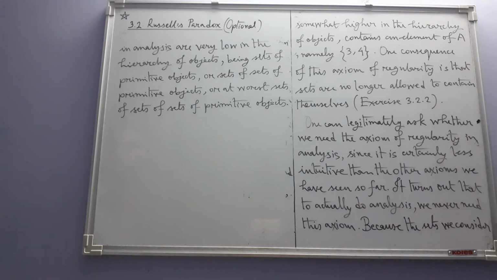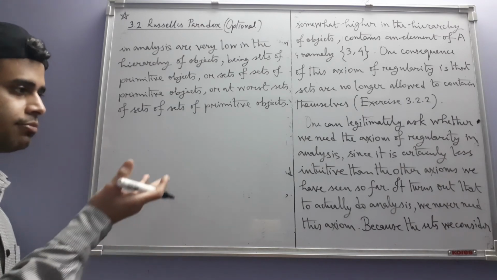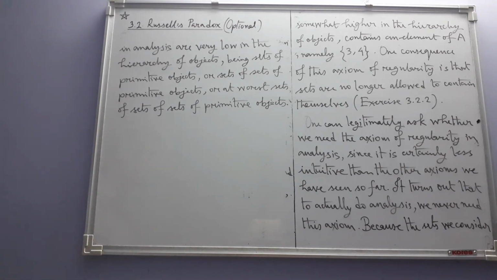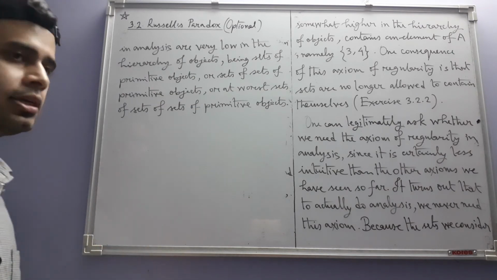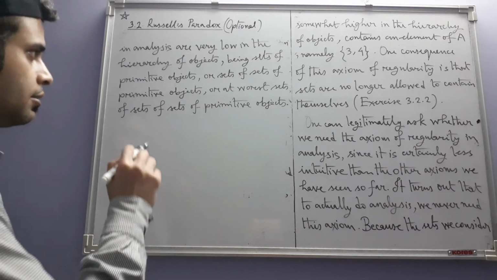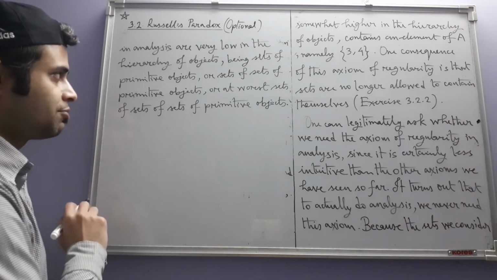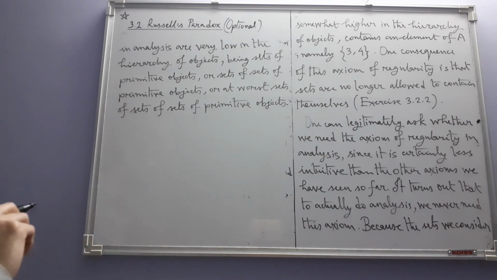If you are familiar with topology, at one point we will study that. Then there we consider, of course, every now and then in mathematics, in the very easy parts of mathematics also, we consider sets of primitive objects. They are just ordinary sets where the elements are primitive objects. An example of that is a topology.